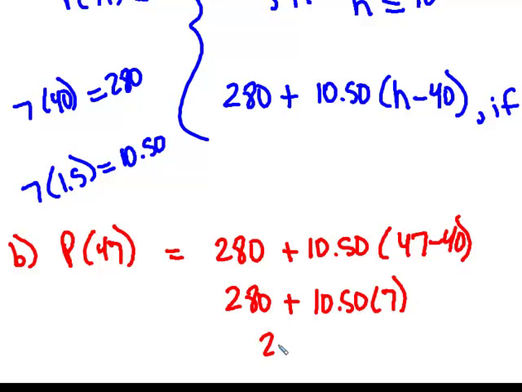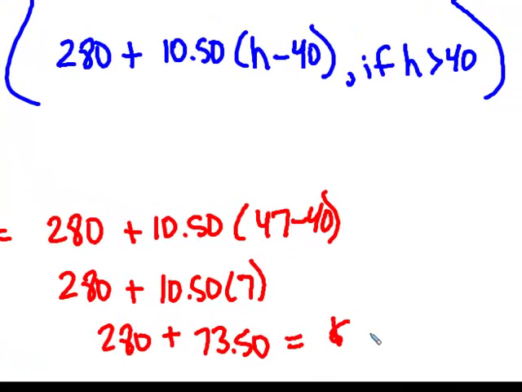There's our 7 hours of overtime. So 280 plus 10.50 times 7 is 73.50. So you're going to earn a total of $353.50 if you work 47 hours, because you get time and a half for those extra 7 hours.